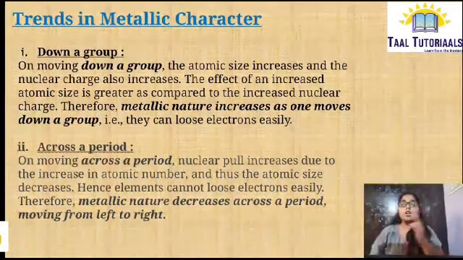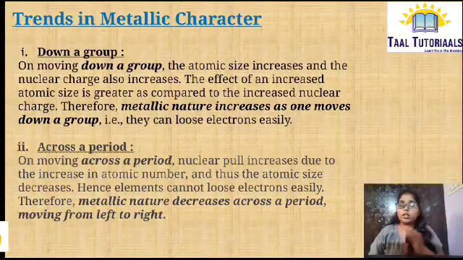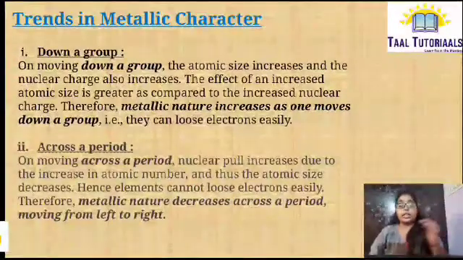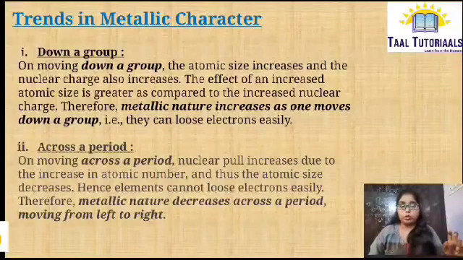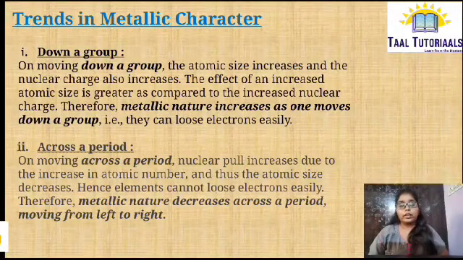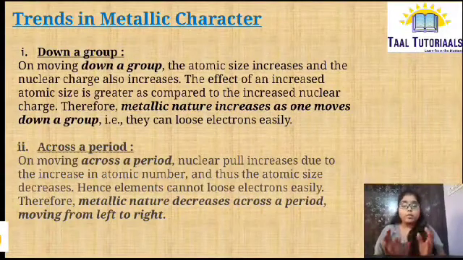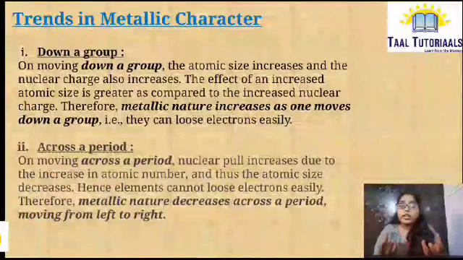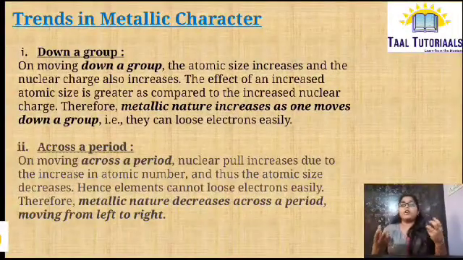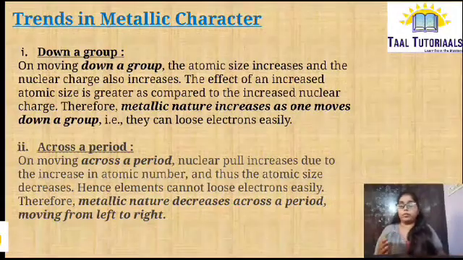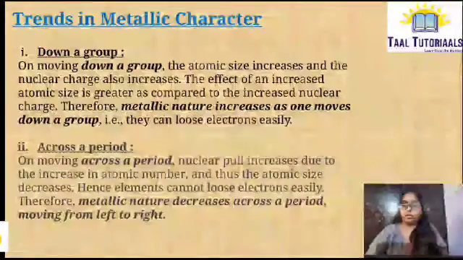On moving across a period, the nuclear pull increases. There is more nuclear pull due to the increase in the atomic number, and thus the atomic size also decreases. Here atomic size is decreasing, hence elements cannot lose their electrons easily. Therefore, metallic nature decreases across a period when moving from left to right.